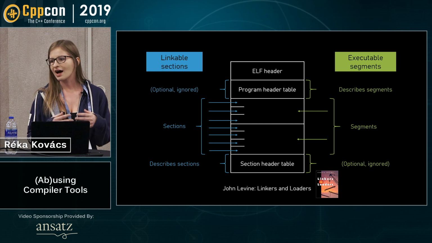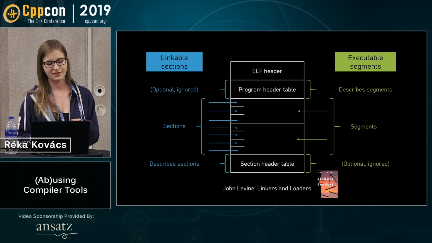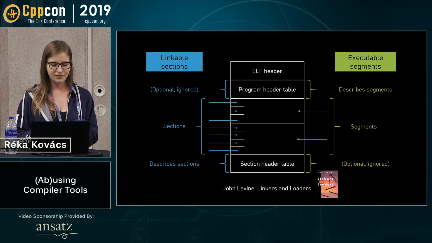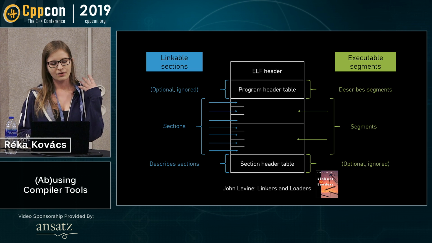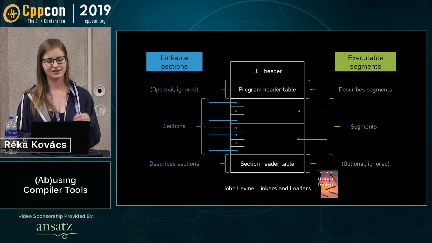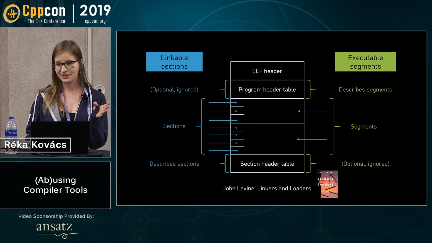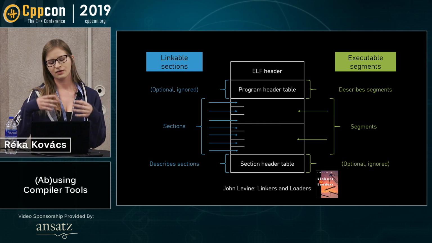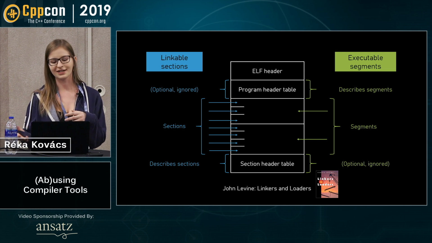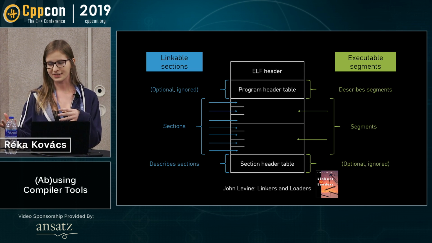I borrowed a picture from the book Linkers and Loaders, which explains the structure of an ELF file. When the linker looks at an ELF binary, it sees smaller sections. But when the system loader looks at the binary, it sees larger segments.